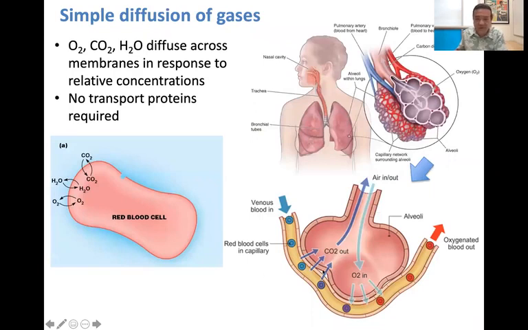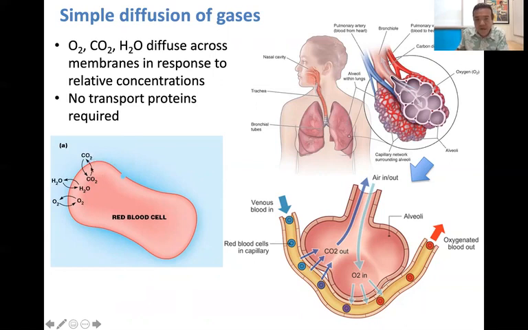So let's look at the simple diffusion of gases. Oxygen, carbon dioxide, and water are able to diffuse across our cell membranes. Certainly, oxygen and carbon dioxide move a lot more readily than things like water. But if you think about it, the size of a water molecule isn't necessarily all that different than the size of oxygen, O2, or CO2, right?